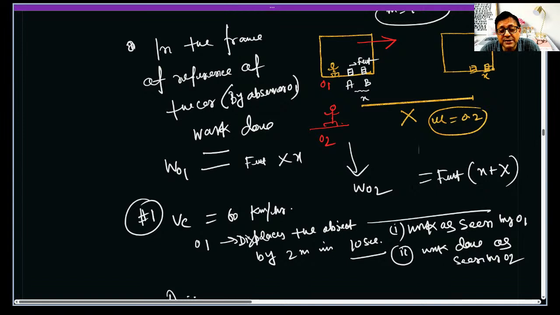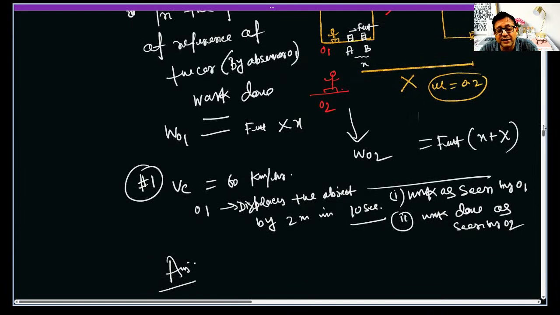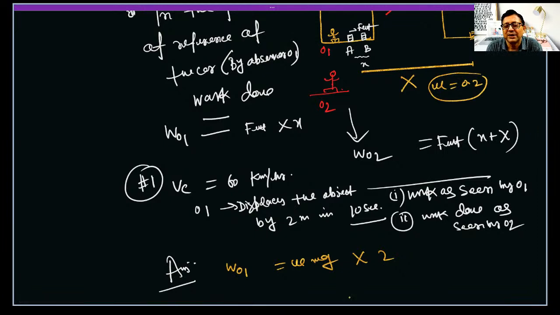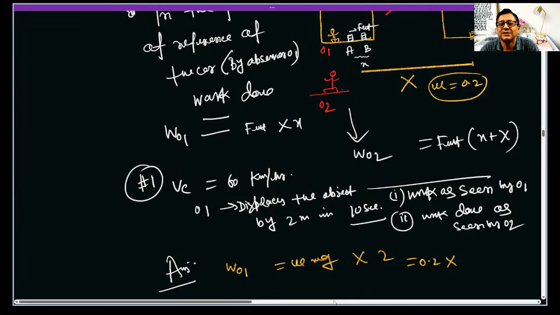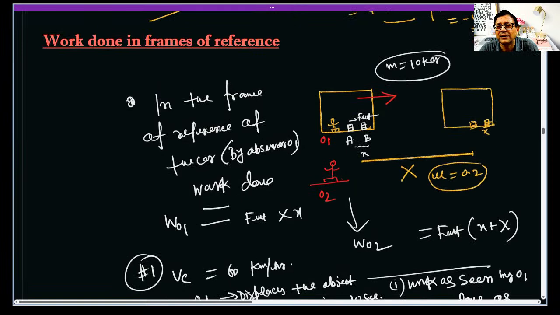Why is this information, 60 km/h, given? Because you want to find big X from there, isn't it? So here W01 will be mu mg into 2, isn't it? Mu is 0.2, and the block is 10 kg.